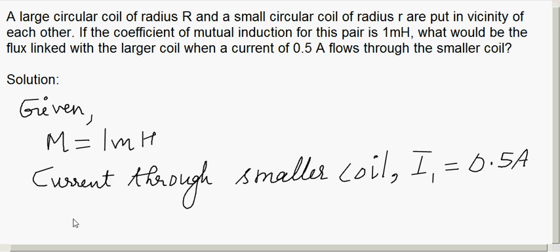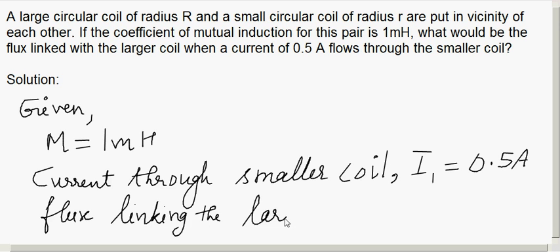What is the flux linking the second coil? You have to calculate the flux linking the larger coil. Phi 2 is what?